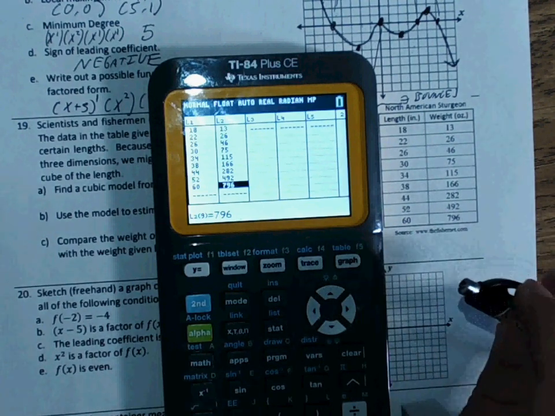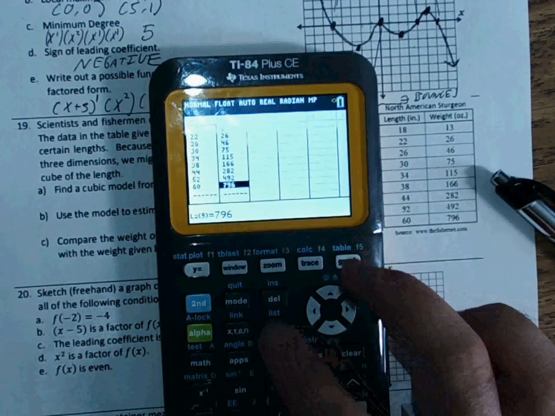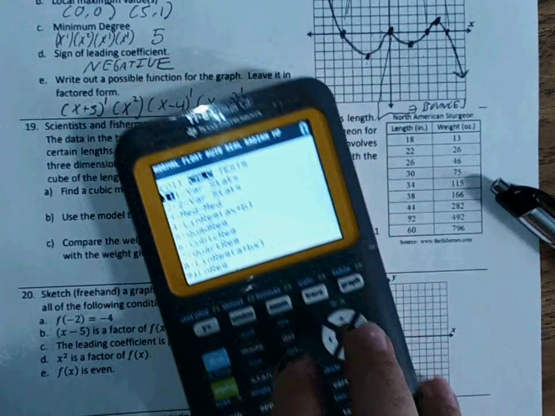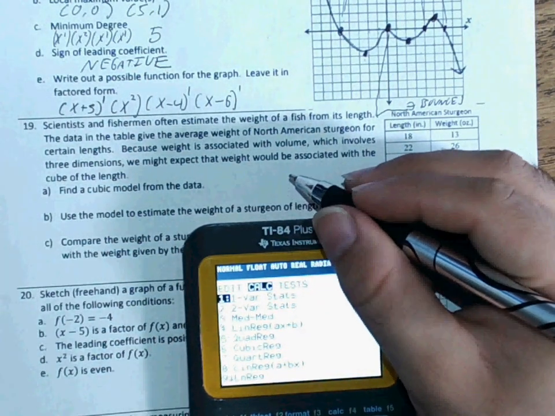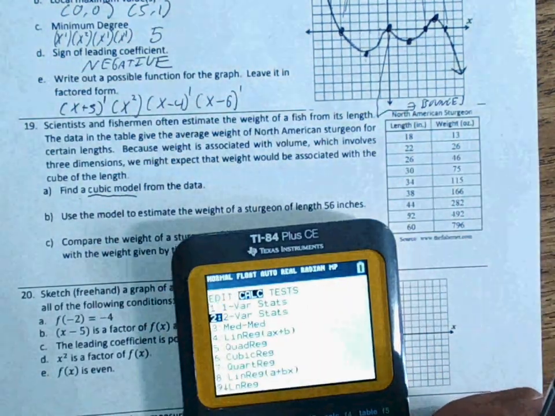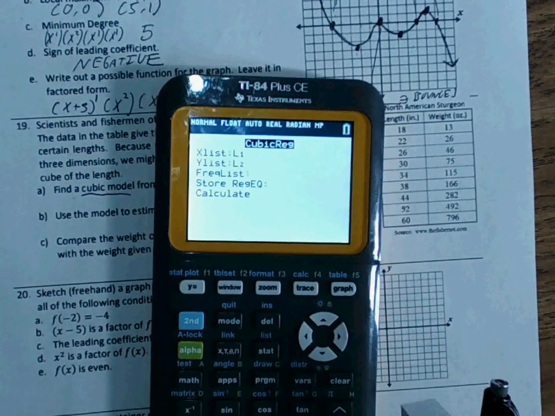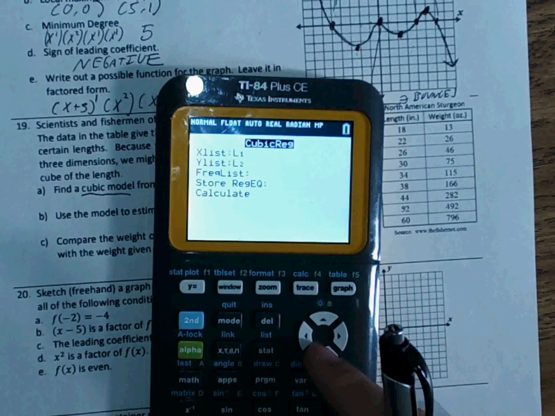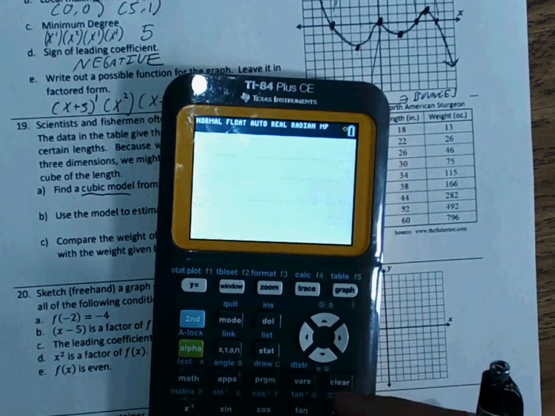Alright. So I plug in the table values, and then go back to Stat. I go to Calc, and he wants me to find a cubic model. To find a cubic model, I'll do a cubic regression. And yes, I want my x list to be the first column, my y list to be the second column. Let me calculate.